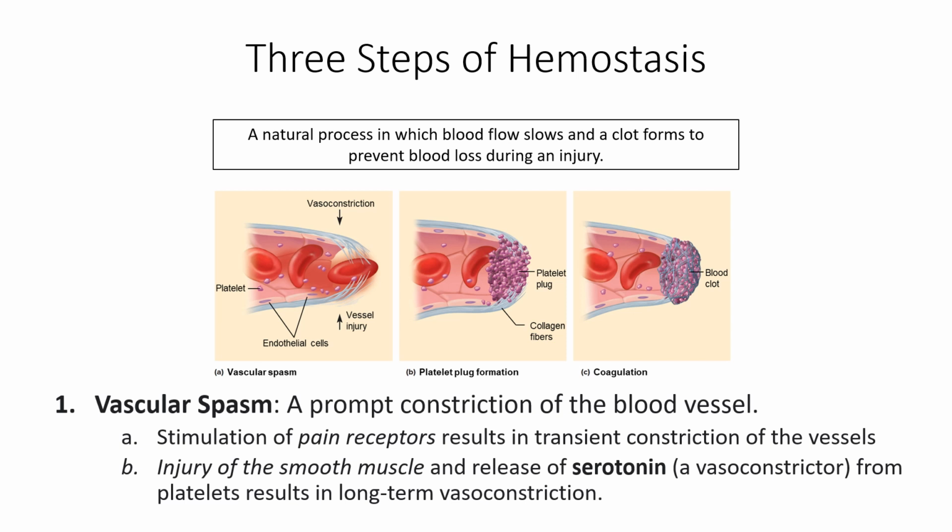So we get a short, prompt, quick constriction of the blood vessel because of the stimulation by pain receptors. Next, because there's been an injury to the smooth muscle, it will release serotonin from platelets, which will then result in a long-term vasoconstriction.